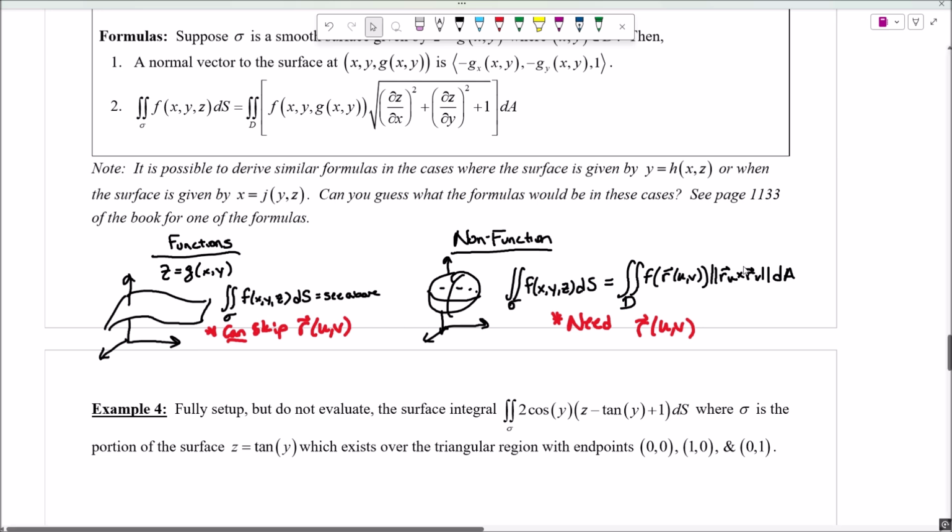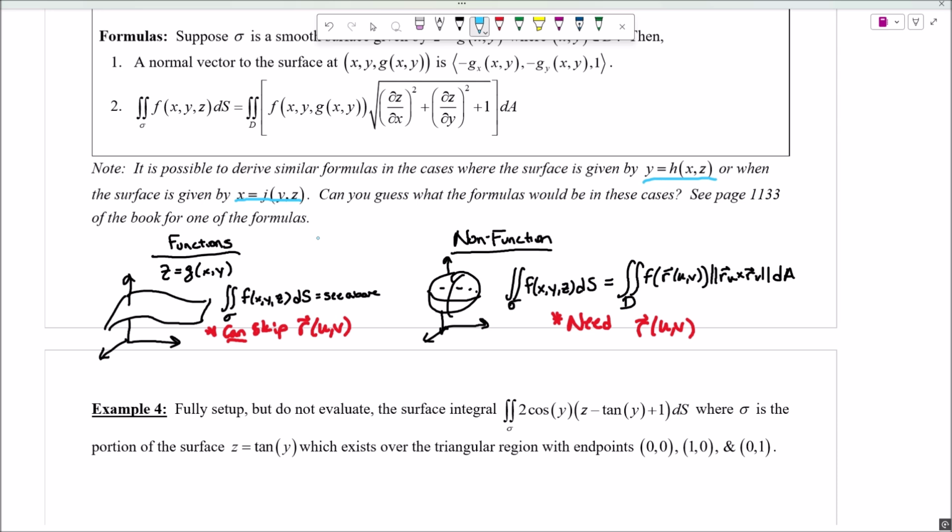There's only one other thing here that we should make note of. Sometimes it is actually possible to derive similar formulas to the one up above if I instead had a y equals stuff with x and z, or an x equals stuff with y and z formula.